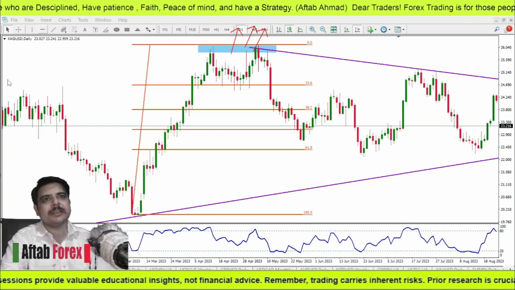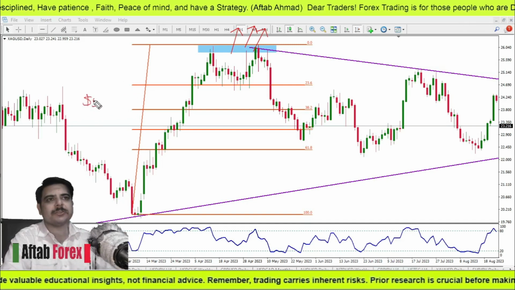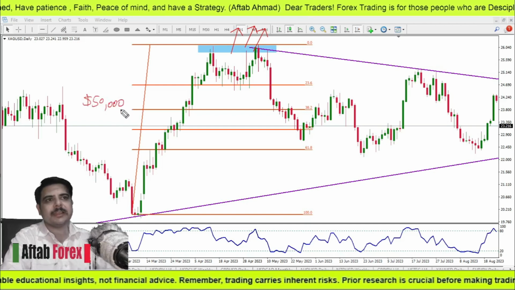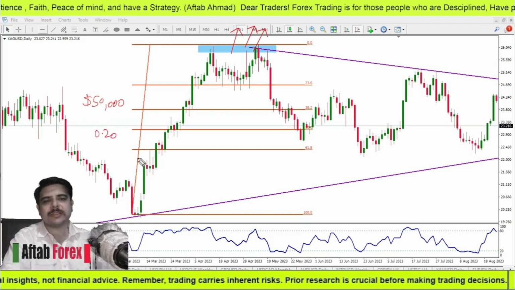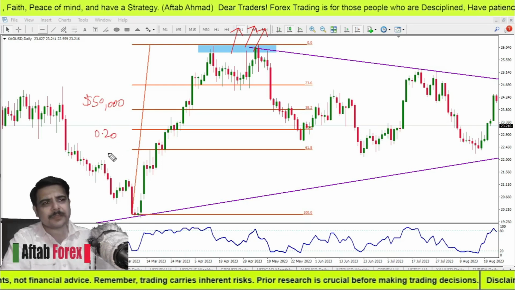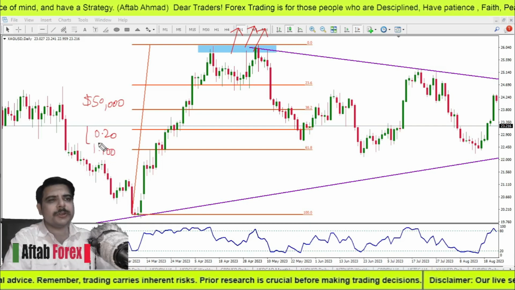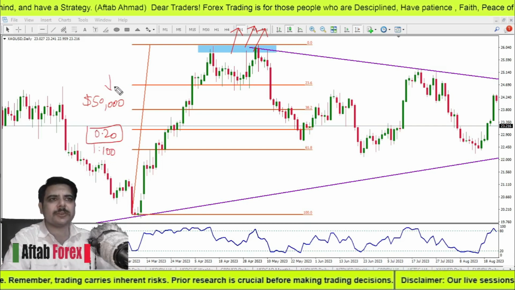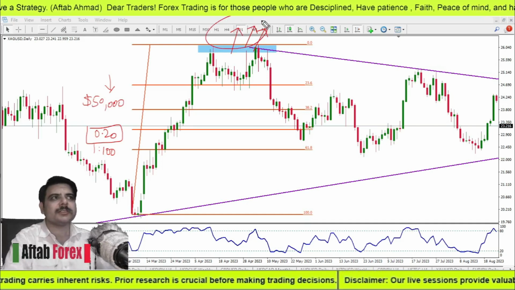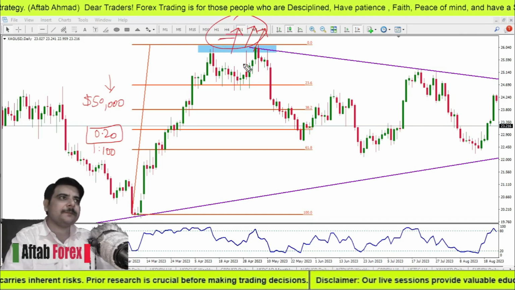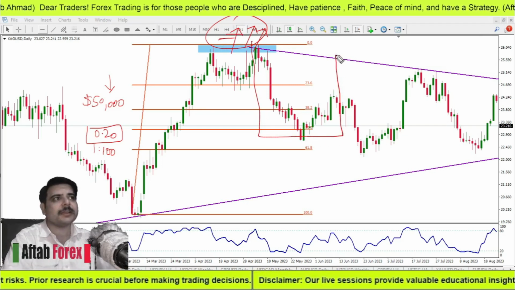Let's suppose a trader has a $50,000 account and opens around 0.20, and the account leverage is around 1:100. So 0.20 on a $50,000 account is nothing, and even this stop loss is nothing on that. But if you compare it with the profit, that is a lot of profit, my friends.